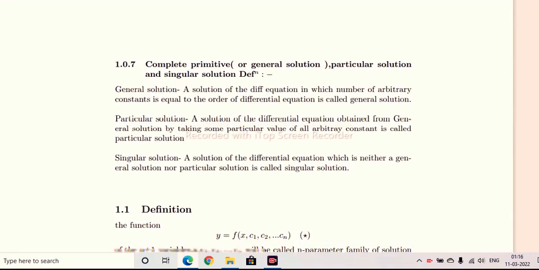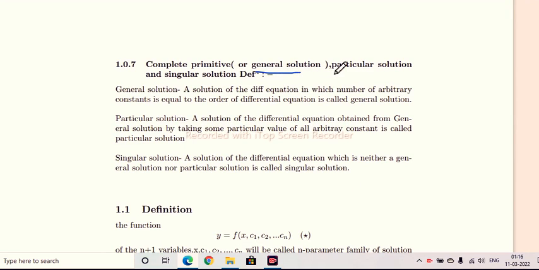Now next we move to the fundamental concept of general solution, particular solution, and singular solution of the differential equation.